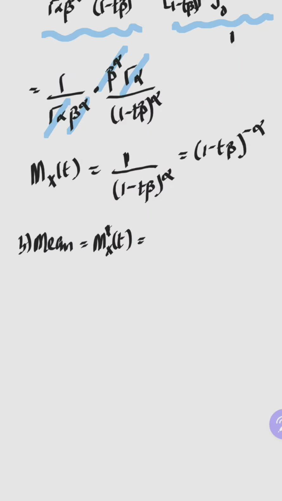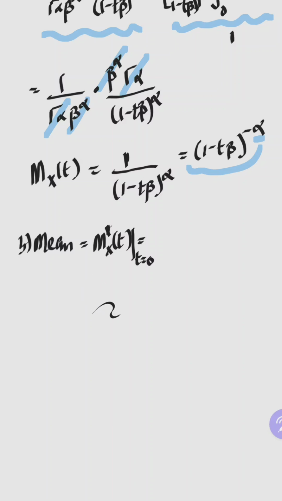So we want to differentiate with respect to t and set t equal to 0. Differentiating this with respect to t, just bring the power to the front and subtract 1 from it. That's just what we need to do.